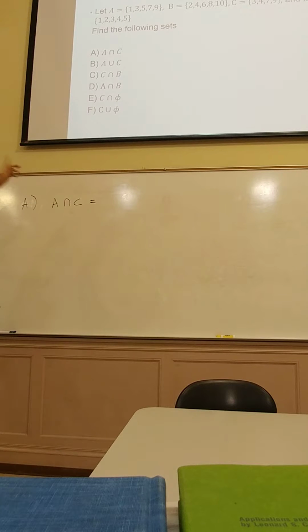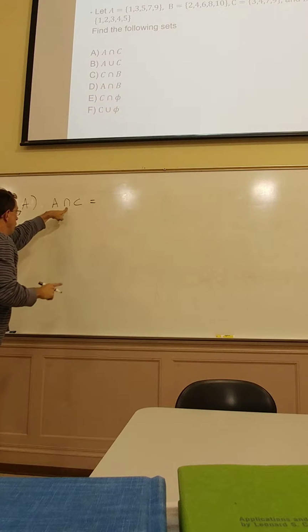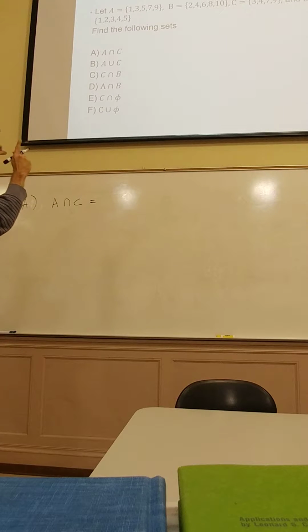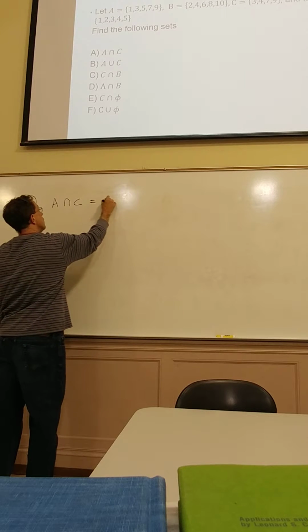So if you do A intersect C, you compare A and C. You're doing intersection, so it's and. So we're going to write down all the elements that occur in both A and C, which will be 3 and 7. That's it.